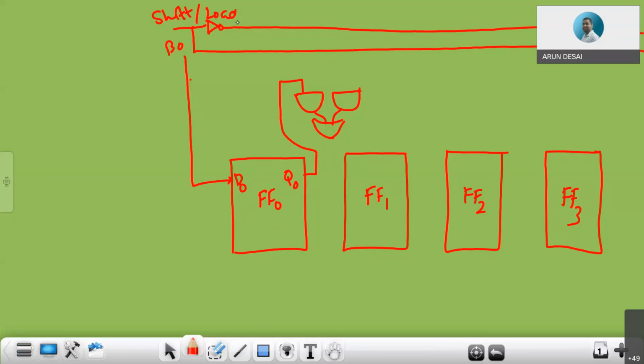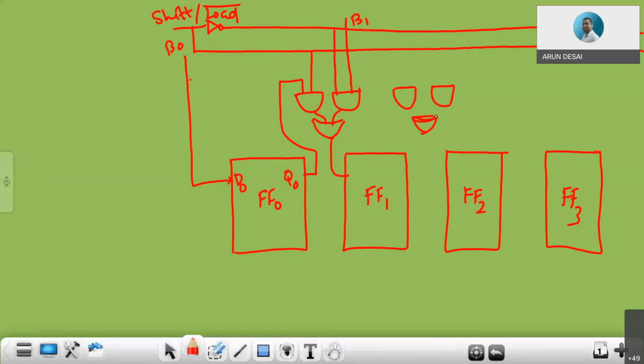If it is 0, then it is actually loading the data, right? So for loading, this is my B1 and this is connected here. And for shifting, we need to connect to this line. Again, same arrangement here.